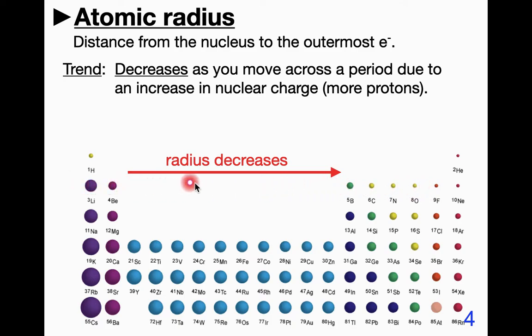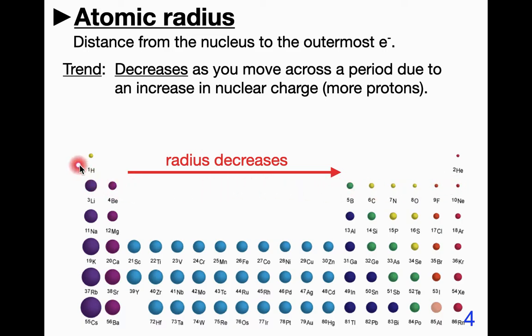So as we go across a period, the atoms actually get smaller and smaller, even though we're adding more electrons. Again, it's because we're adding electrons to the same energy level, all the while turning up the positive charge of the nucleus. So the atoms get smaller as you go across.